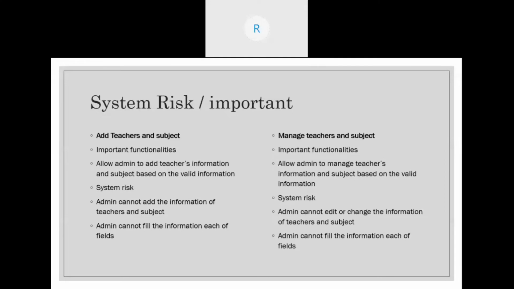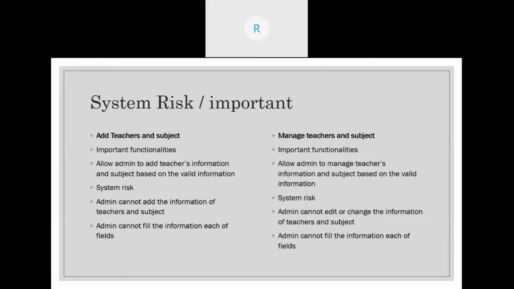And then the third one is add teachers and subject. It is an important functionality that allows the admin to add teacher information and subject based on valid information. For the system risk, the admin cannot add the information of teachers and subject, and the admin cannot fill in the information in each field.